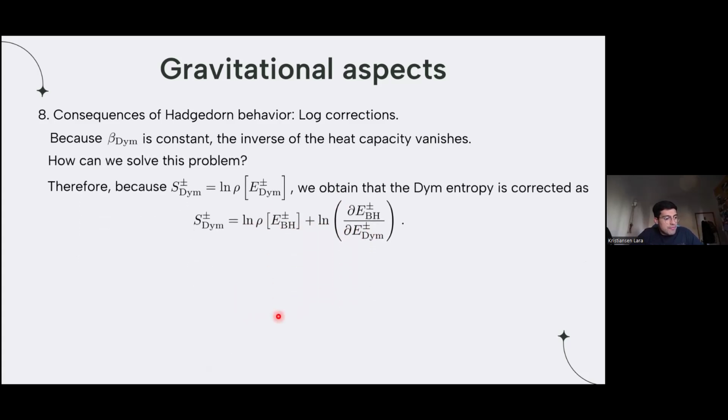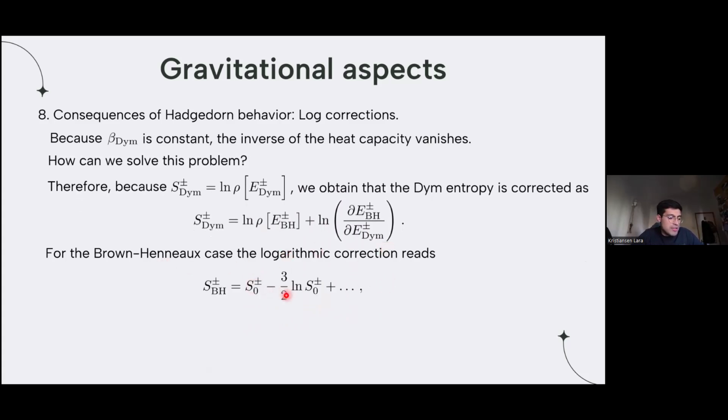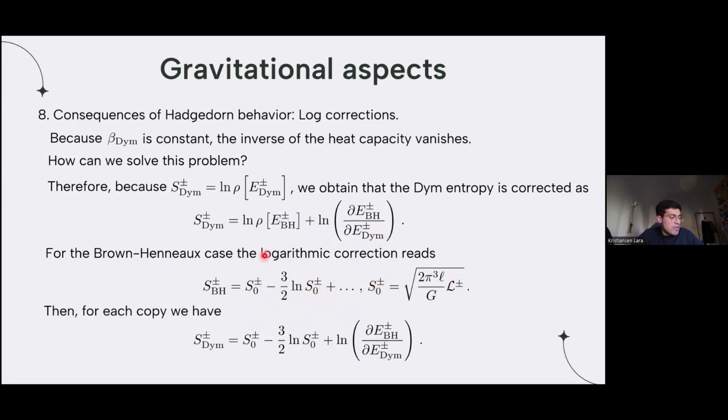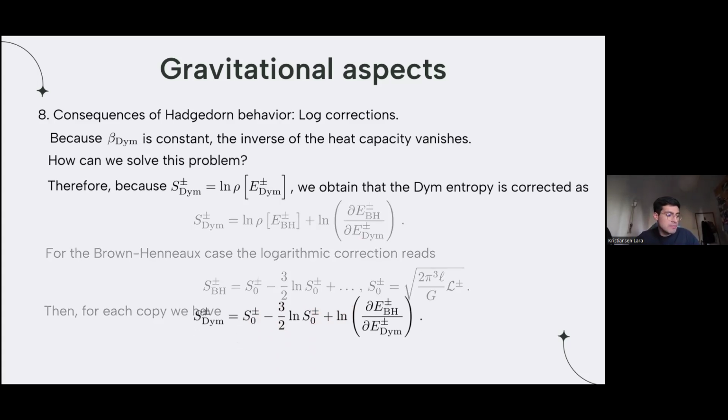For the Brown-Henneaux case, the logarithmic correction reads like this. It is a very well-known result. S0, remember, is the Bekenstein-Hawking area law, like this. Therefore, for each copy, you will have this. The entropy of DIM will be corrected by the associated logarithmic correction of the Brown-Henneaux case, plus the contribution from the Jacobian. And that's it.